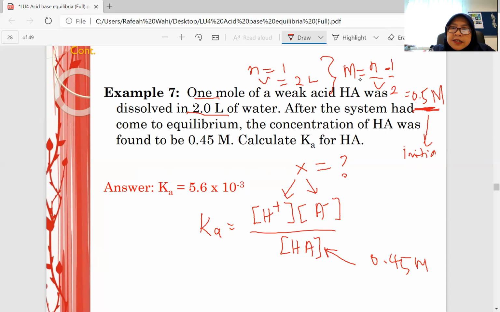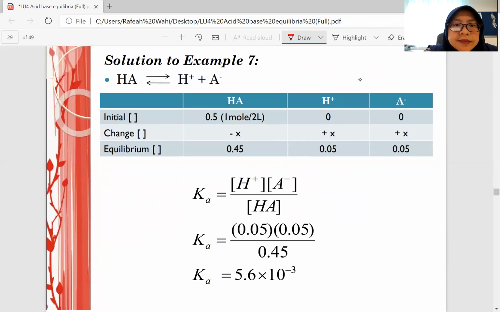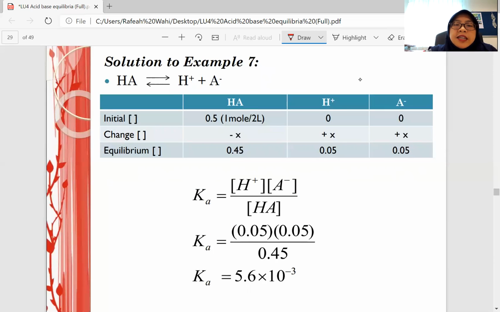Initial concentration of HA. This is HA at equilibrium. Again, we go back to the common way, or the fastest way, to solve any acid-base equilibria problems, which is using the ice table. For the initial concentration, we know from our calculation just now that the initial concentration for the weak acid is 0.5.